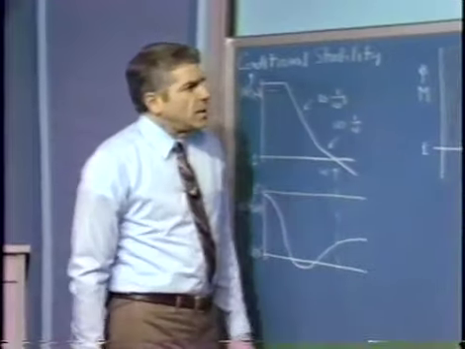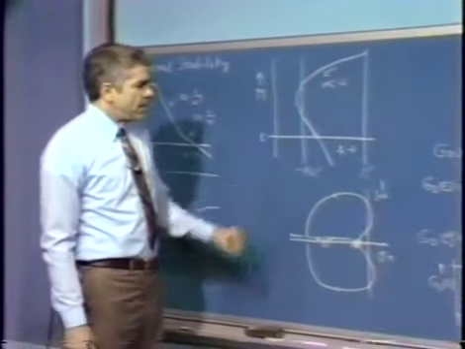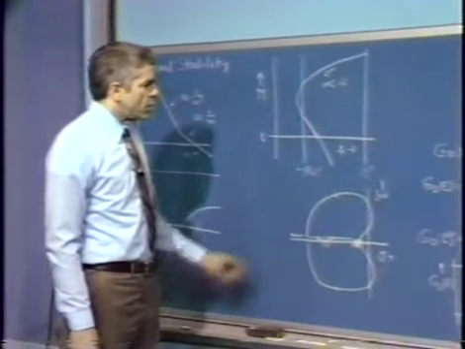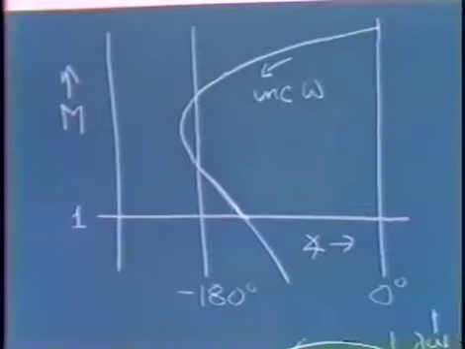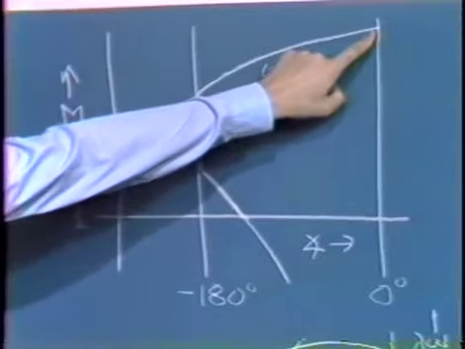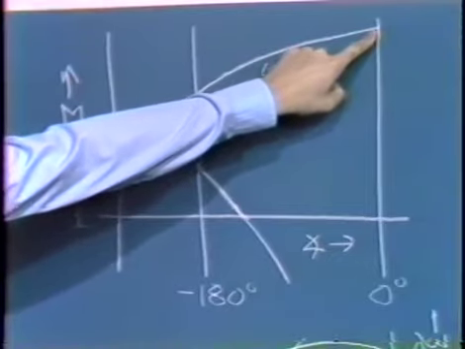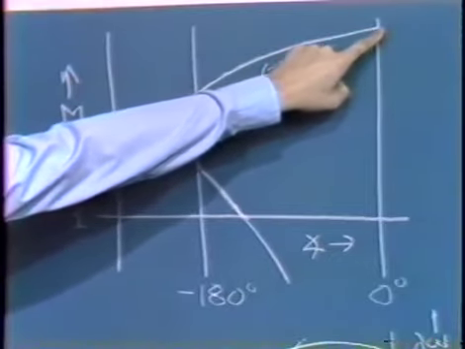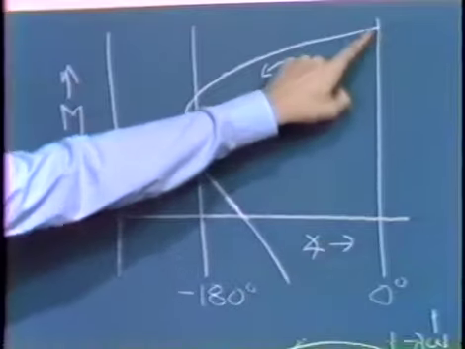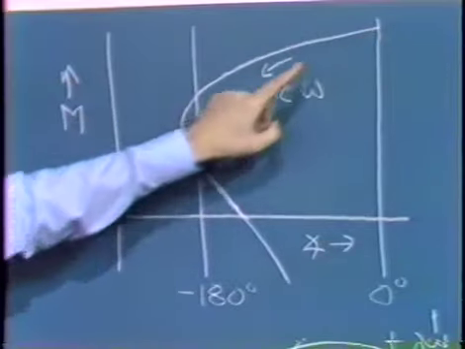We can look at the same system in gain phase coordinates. That's, of course, the sort of plot we normally use for our describing function analysis. And here we start out at some high value at omega equals 0, which is actually this point on the curve, an angle of 0 degrees, and a large magnitude.